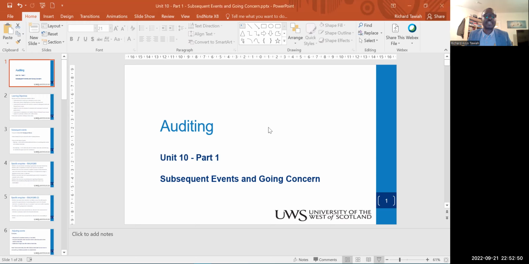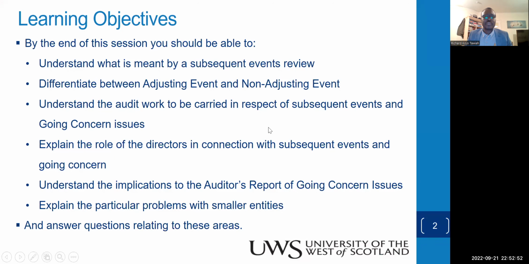All right, let's proceed. So what do we mean by subsequent events? I briefly explained. We'll look at the difference between adjusting and non-adjusting events. The same understanding from IAS 10, your financial accounting theory, should be the same thing here. Nothing changes much, but we'll look at it from the lens of an auditor.